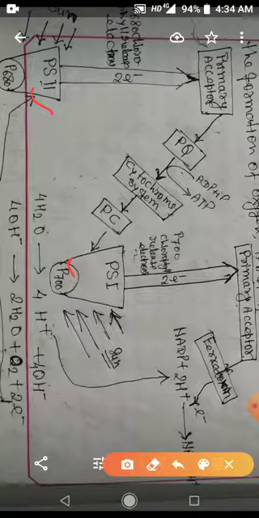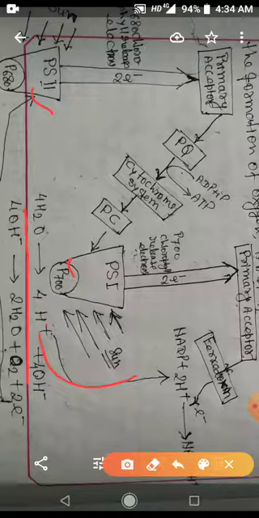there is photolysis of water. Water is going to split into hydrogen and hydroxyl ions. These hydrogen ions are used for the formation of NADPH2.